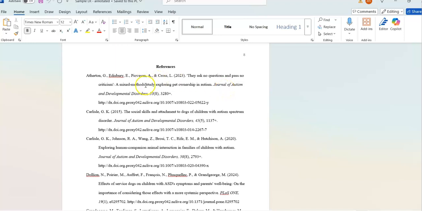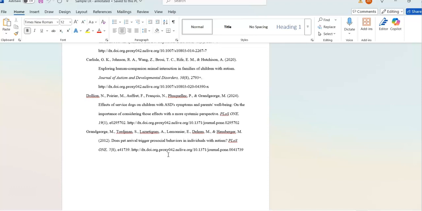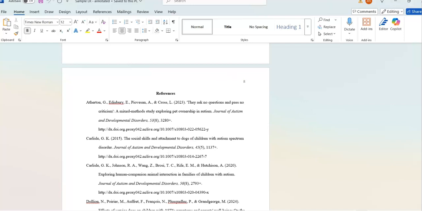Journal titles and volume numbers use title capitalization, and they are italicized. So no quotation marks at all on this reference page unless there happens to be some in the title of your article. Okay? And make sure you've got your DOI number. And that's it.